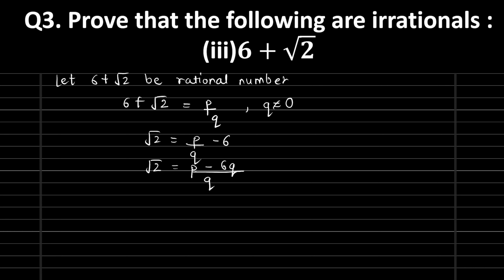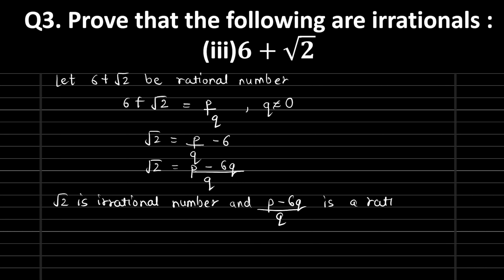So what did we observe here? Definitely root 2 is an irrational number, and p minus 6q upon q is a rational number.